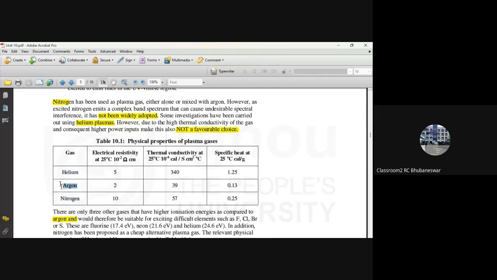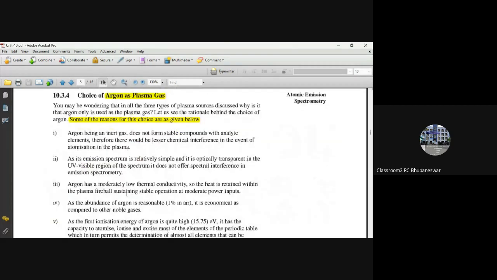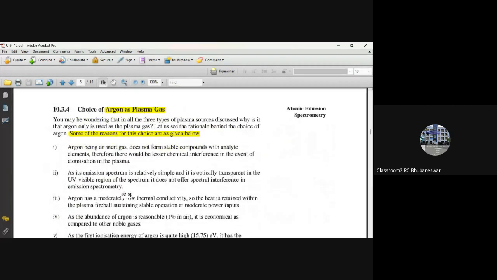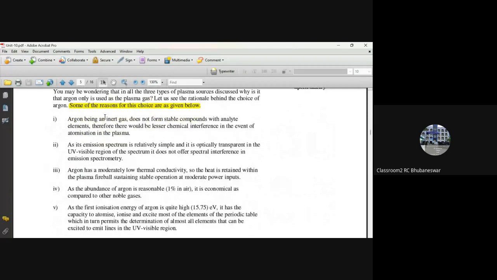However, this argon is the best one out of all. So there are some reasons for which argon is chosen as a plasma gas. Argon being an inert gas, while working in the laboratory you will be seeing some nitrogen cylinder or oxygen cylinder.